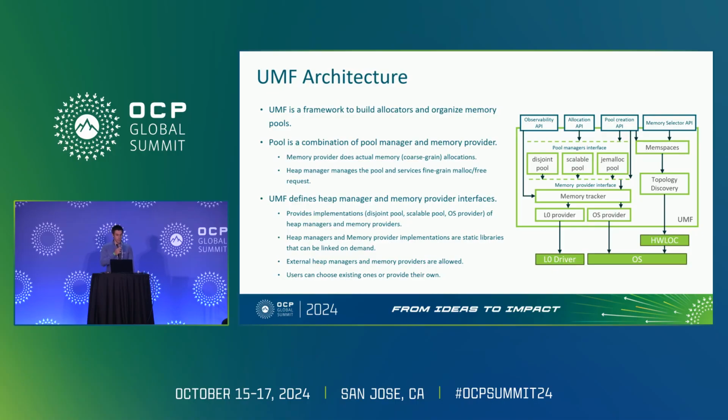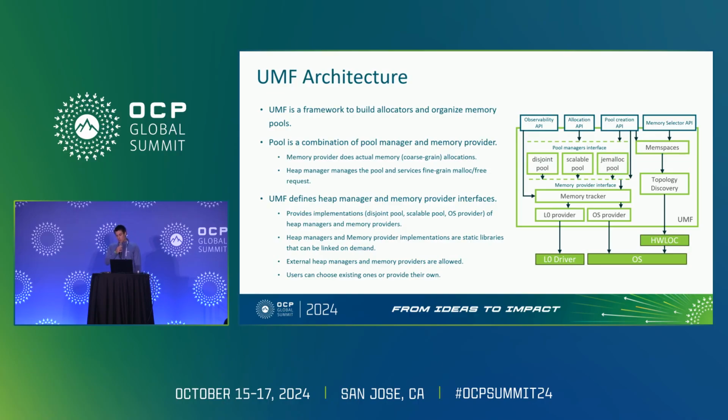And let me actually introduce or define properly what a memory pool and memory provider is for UMF. So memory pool is basically a combination of pool manager or heap manager and memory provider. Memory provider does the actual coarse-grained memory allocations. So this can be, for example, provider that manages operating system memory by calling malloc or other calls.